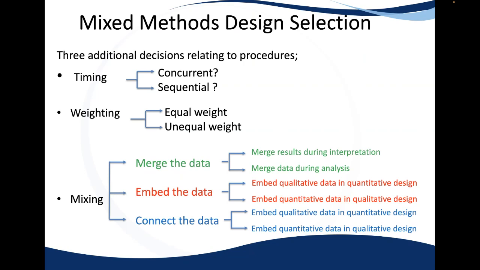Do the qualitative and quantitative bits happen at the same time, or does one happen after the other? If they happen at the same time, then we know that your study is a mixed method design, but a concurrent mixed method design, meaning that things are happening concurrently, meaning they are happening at the same time.